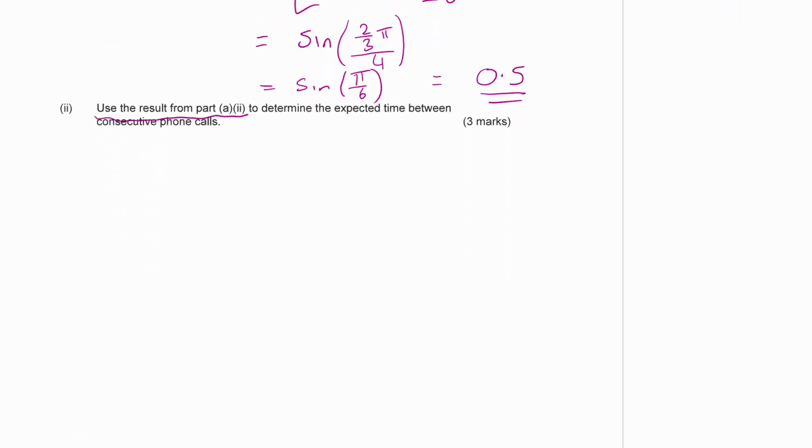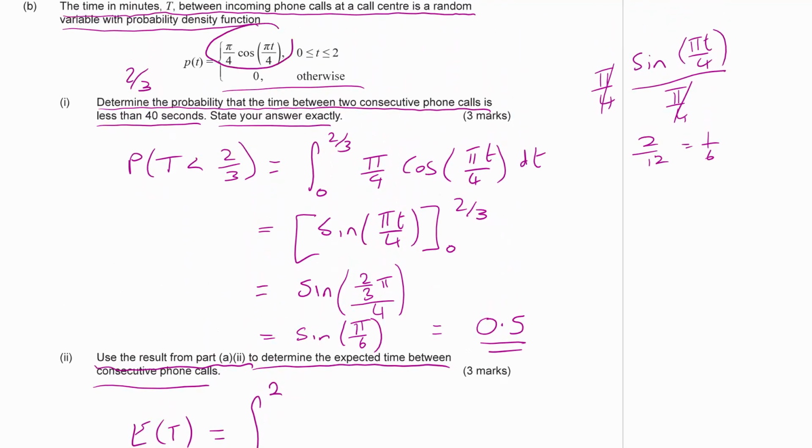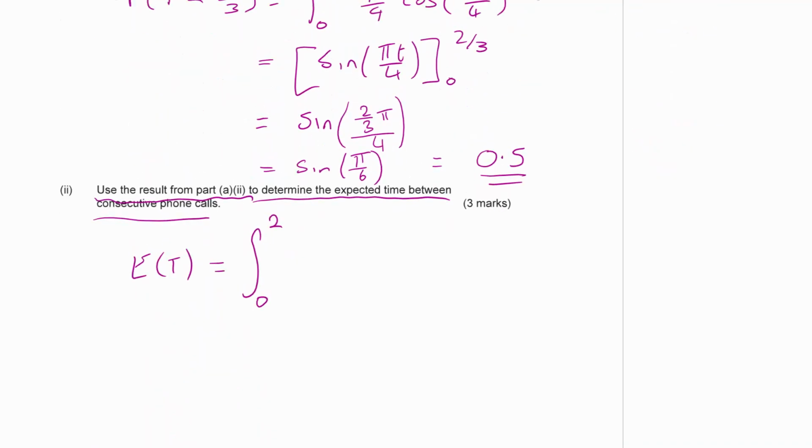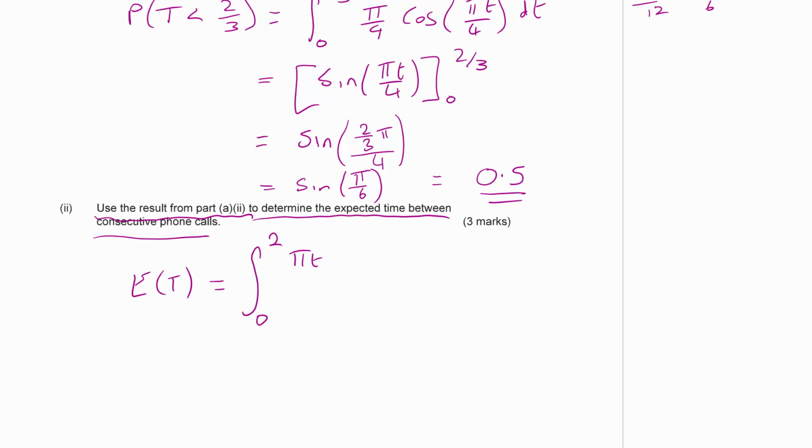Use the result from part A2 to determine the expected time between consecutive phone calls. The expectation of t for a continuous random variable will be the integral over all values of t of t times this. In other words, pi t over 4 cos pi t over 4 dt.